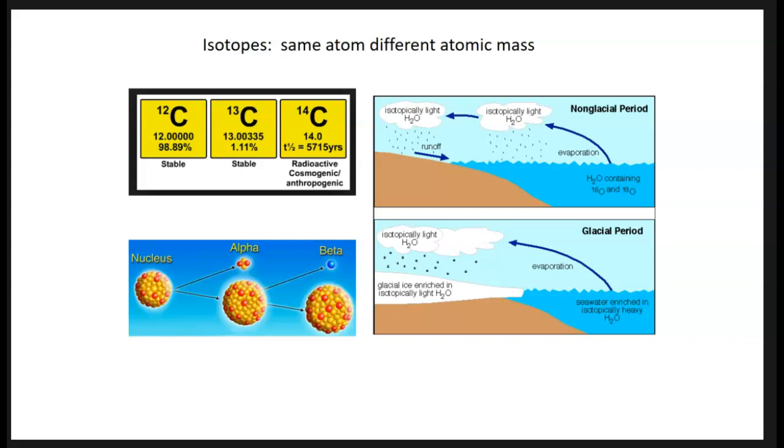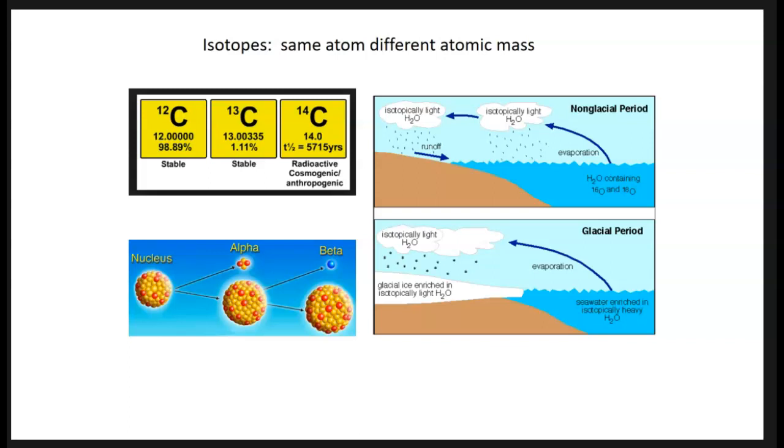So you can see that carbon-12, which has six protons and 6 neutrons in the nucleus, is a relatively stable compound. That is the most abundant form, the most abundant isotope of carbon.